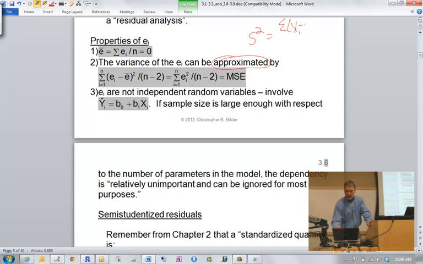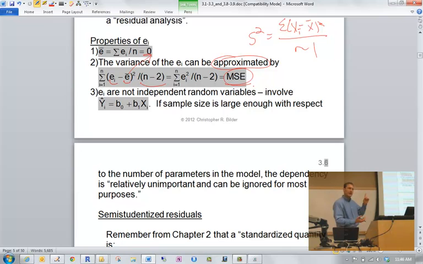We take the sum of your x's minus x bar squared divided by n minus 1. Well, that same idea here, suppose we take the e's instead of the x's, subtract off the mean, which we know is 0, squared, divided by now n minus 2 versus n minus 1. Well, what do you end up with? So an estimate then of the variance among these e's is the sum of e squared divided by n minus 2.